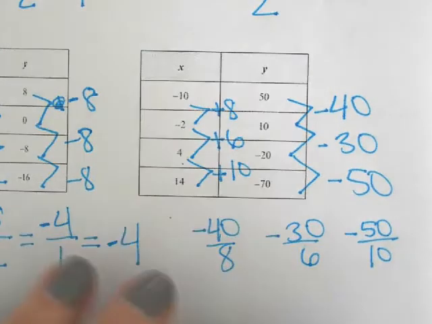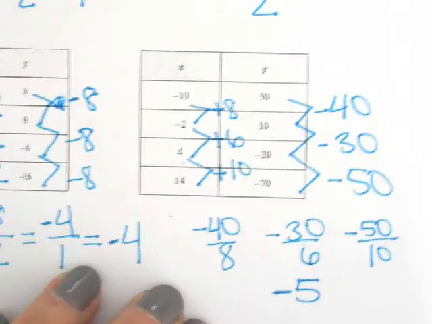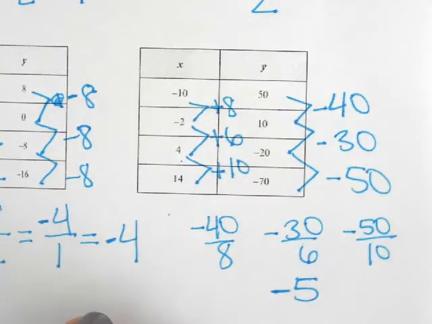Negative 5. So yes, it is linear. That's why you need to check it all. So my slope, or my rate of change, is negative 5 or negative 5 over 1. Okay, so whenever you are done with the notes, you are going to glue it in your journal and make sure you title it Slope from a Table.